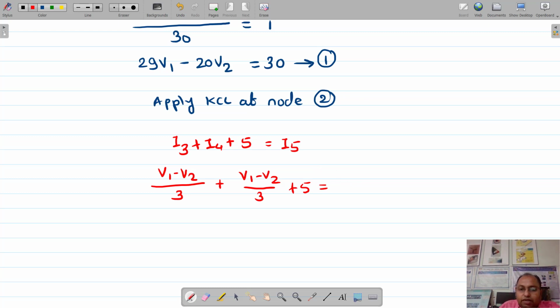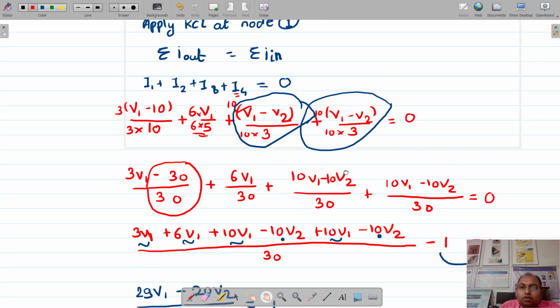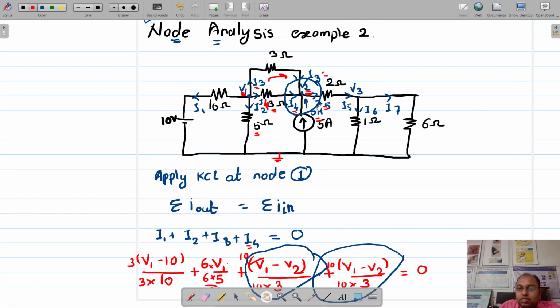Okay, how to find out I5? Now let us focus on how to find out I5. I5 is the current which is flowing from voltage V2 to V3. Therefore V2 minus V3 divided by 2 ohm, the resistor, right? So this is nothing but your 2 ohm resistor.